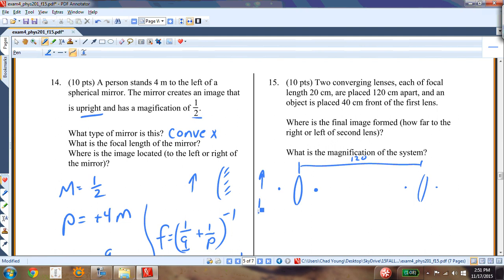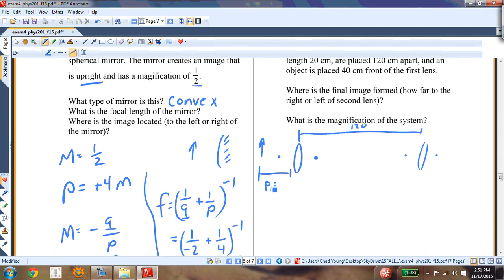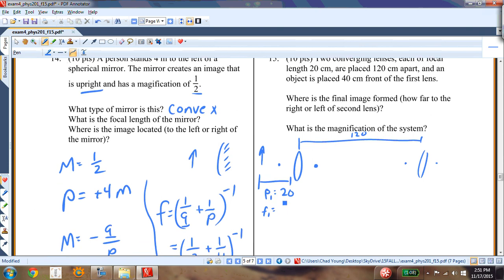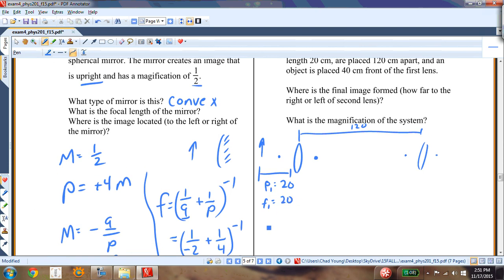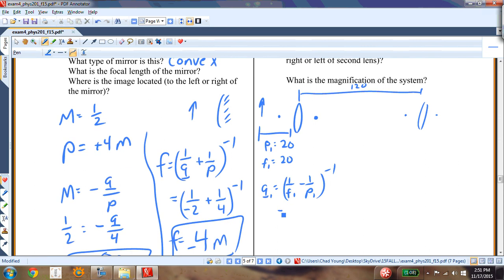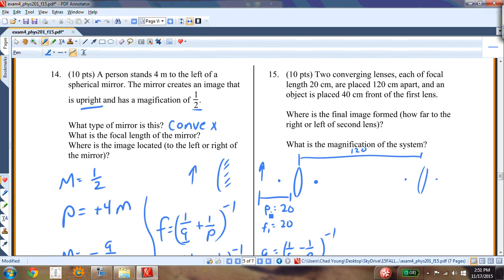Okay, so this is P1 equal to 20, and F1 was equal to, wasn't it? Yeah, 20 centimeters. So now I want to know what Q1 is. I'm sorry, no, I must have a mistake here.